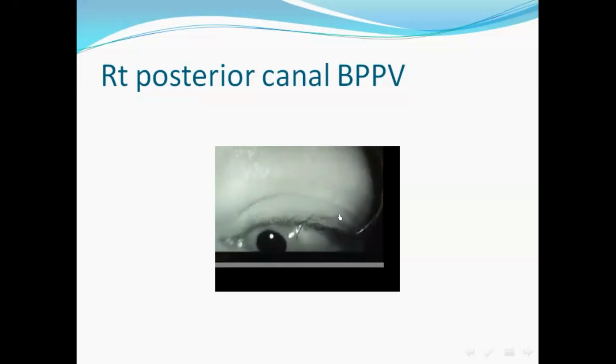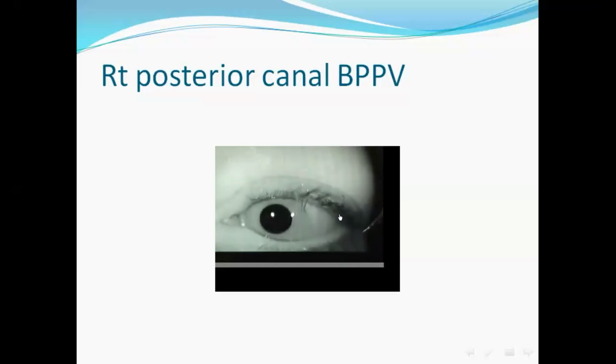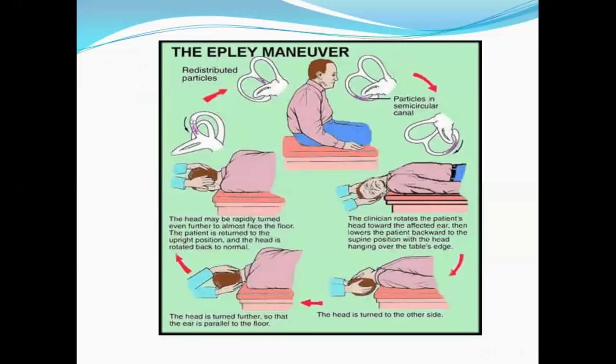Is it clear? Okay, so if you see this type of nystagmus, here you know that the patient has posterior canal BPV with the characteristics that we talked about.